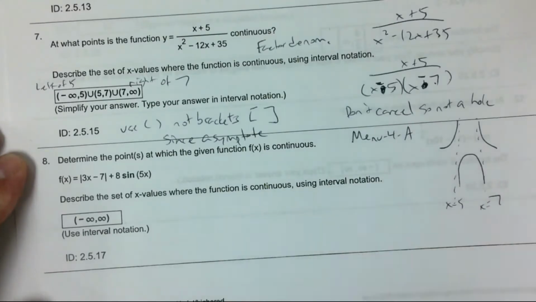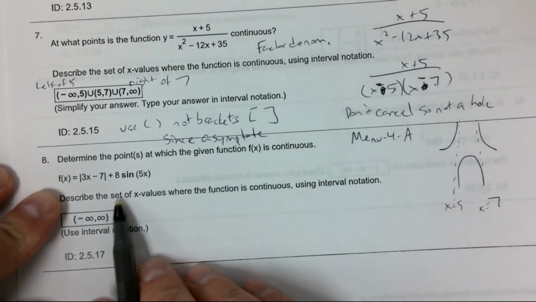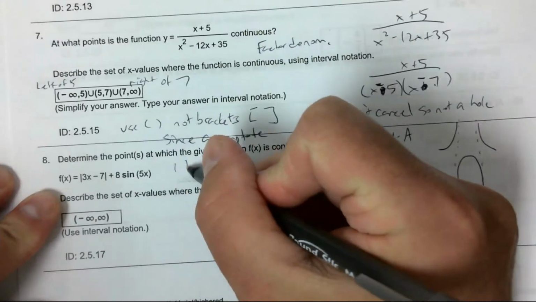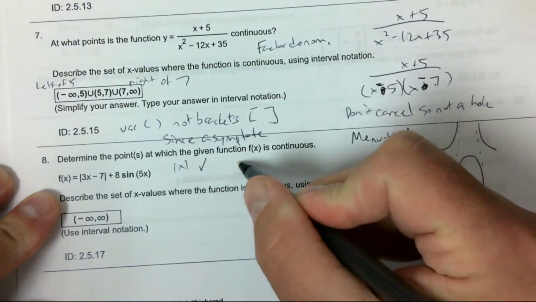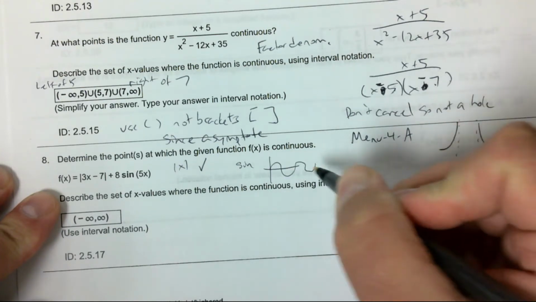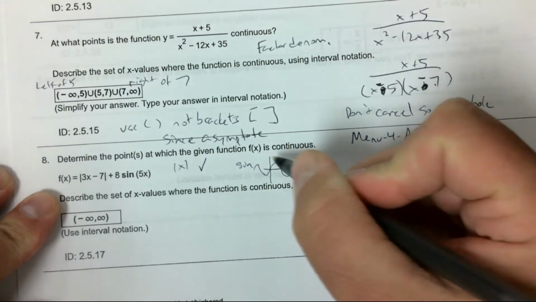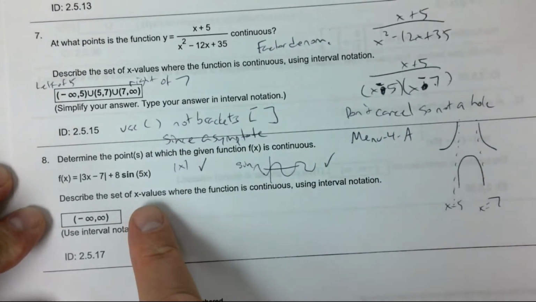Now here we have a random function, but what we know is absolute value of x by itself is continuous, and sine by itself is also continuous. And so probably the combination is also going to be continuous.